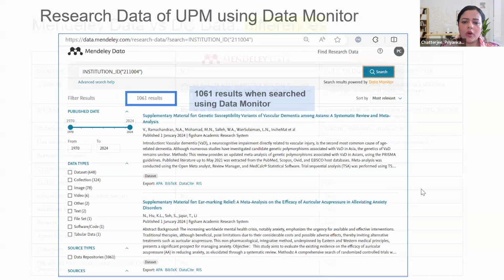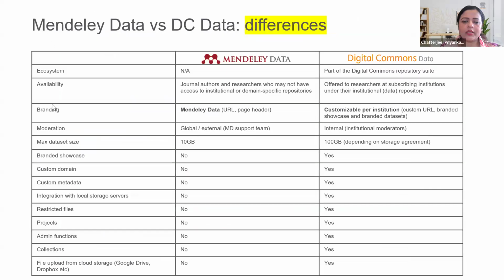Right? So the presentation previously, I also shared that there's a difference between the individual subscription, which is freely available, and the institutional subscription, Digital Commons Data. The differences are linked here in terms of storage capacity, maximum data set size, and what they don't have.